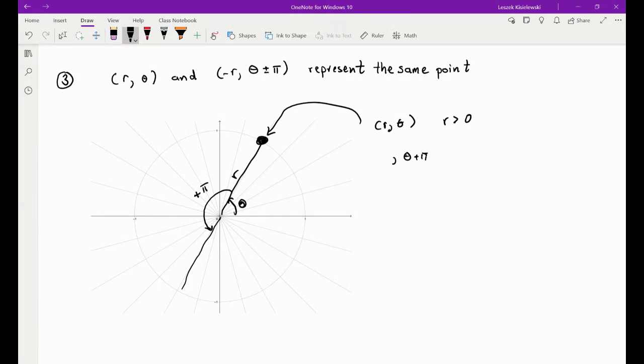So now, if our angle measure is theta plus pi, that angle is indicating that the positive radial direction is opposite of what it was when we just had theta for the radial measure. So what we can do is then go in the negative radial direction to get back to this point.